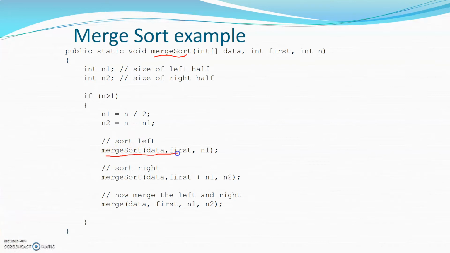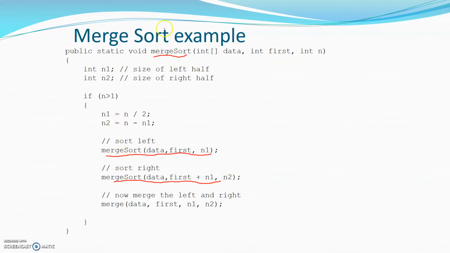This will deal with the left half from first to n1, n1 being halfway through the array. Remember, this is integer division, so this is going to be a whole number. And then this piece here will be the call to the sort on the second half. So first plus n1 would be the beginning of the second part of the array for so many spaces.